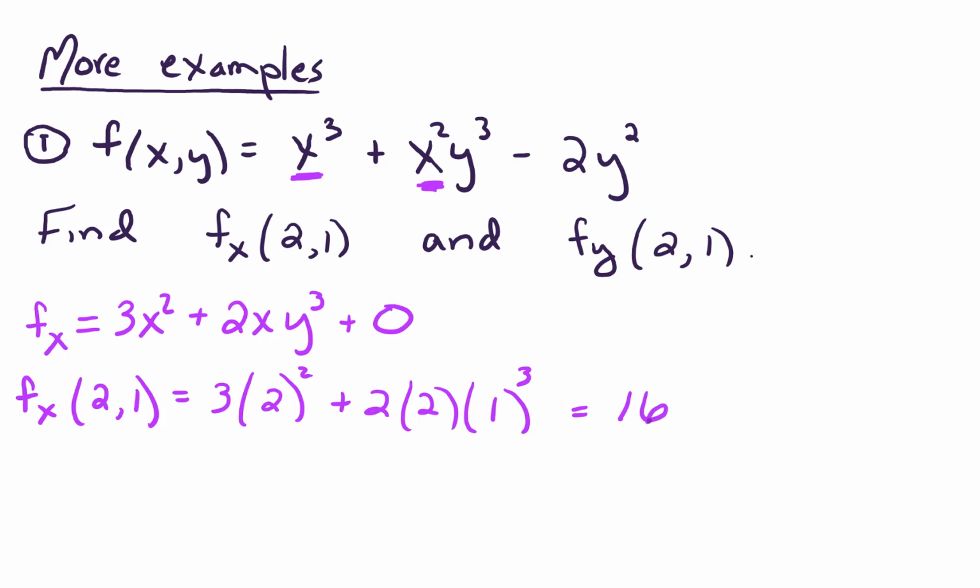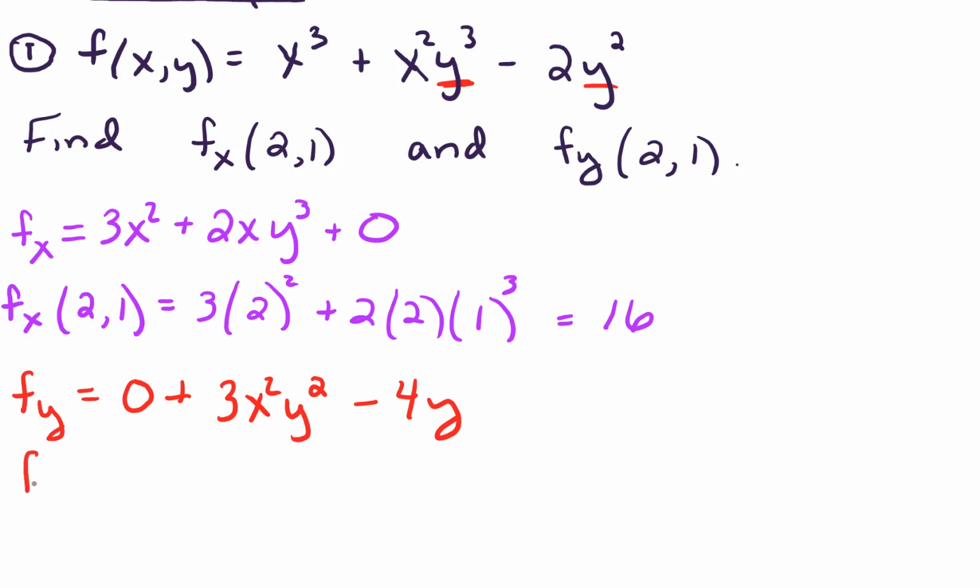Okay, now let's turn around and do the partial derivative of f with respect to y. So now the x's act like constants and y is the variable. The derivative of x cubed with respect to y is 0, plus, bring down the 3, so we've got 3x squared y squared, minus 4y.